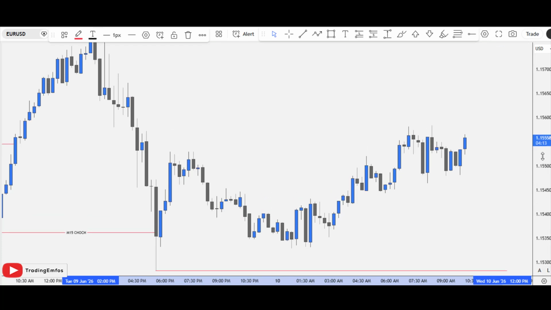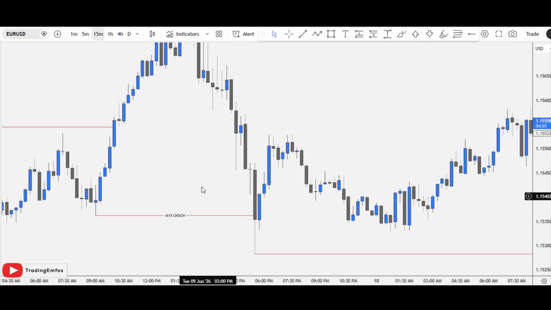So currently the market is ranging. You can see it moves down, broke structure, but it's currently ranging, and we are in a bearish scenario because the last change of character is in the bearish direction. That's a bearish change of character.